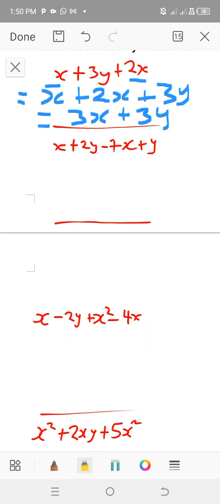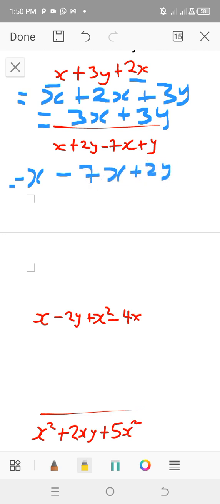Then the next is x plus 2y minus 7x plus y. You rearrange by bringing like terms together. So you have x minus 7x plus 2y plus y.